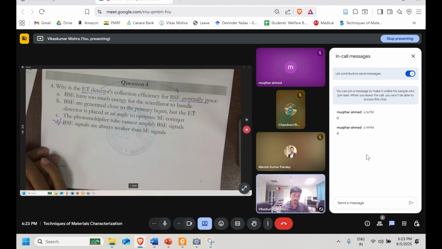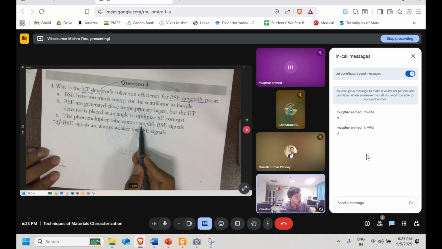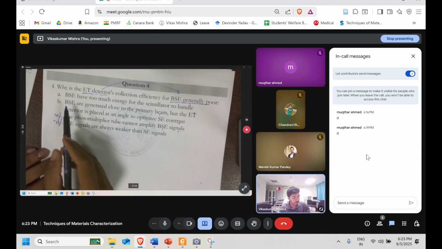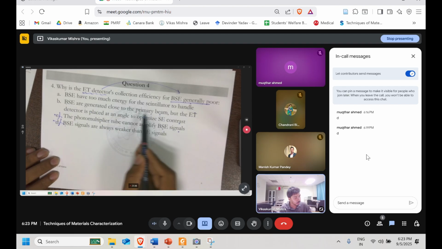BSE signals are weaker than the SE signals? No, they are orders of magnitude higher than the SE signals. Photomultiplier tube cannot amplify the BSE signal? This is also not the case, the photomultiplier tube can easily do those things. Now, BSE are generated close to the primary beam.